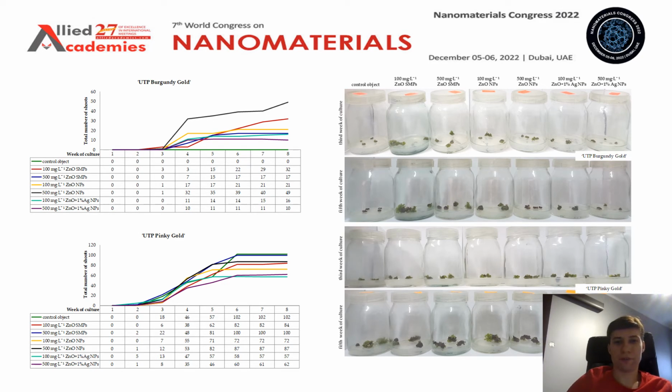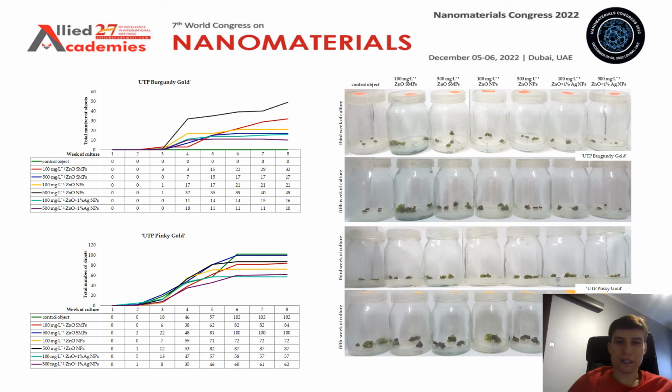And again, those nanomaterials were placed on the surface of the culture medium, but this time we also used chrysanthemums. However, we used different cultivars, and we have inoculated leaf segments on the medium.